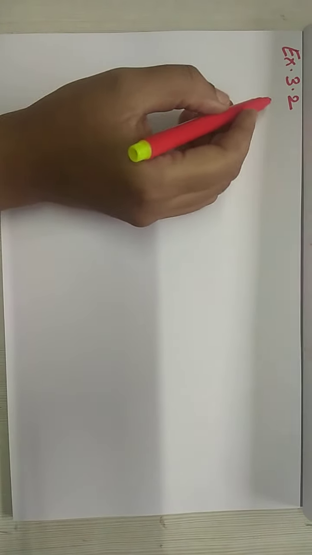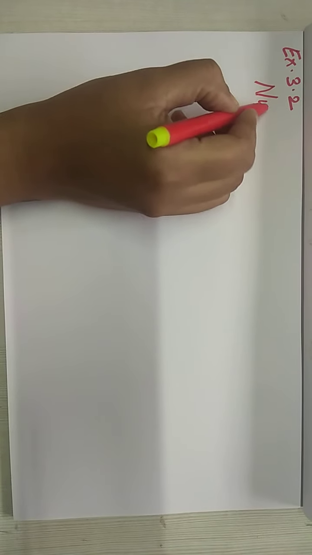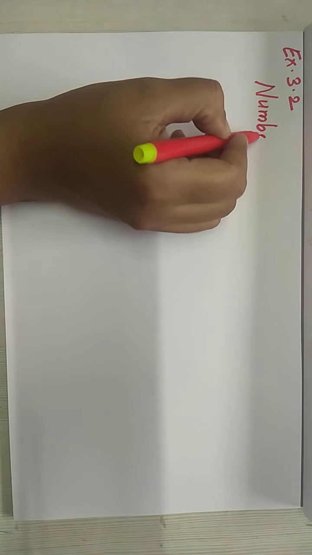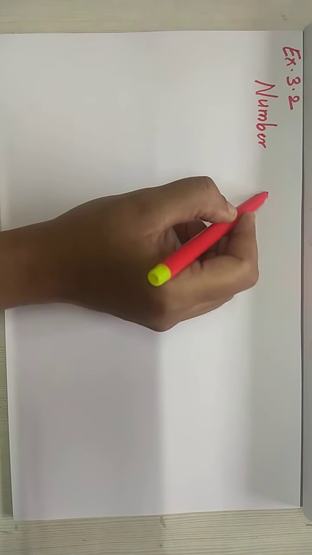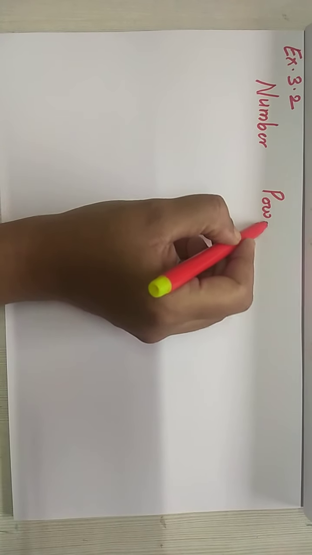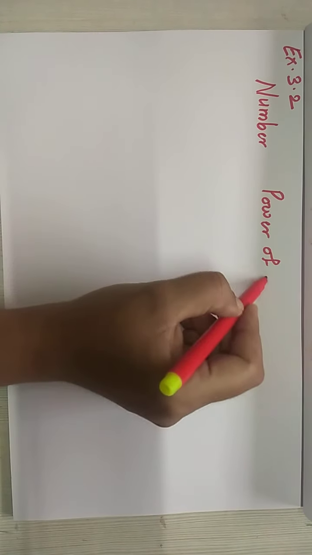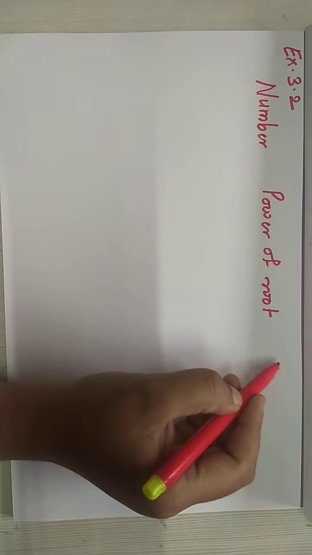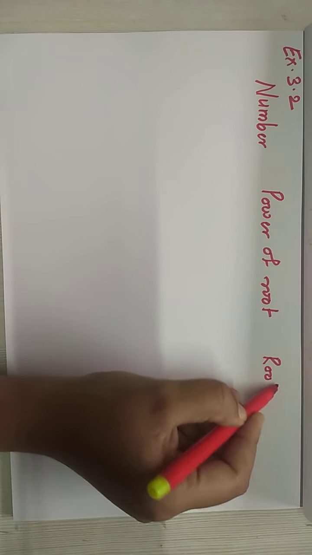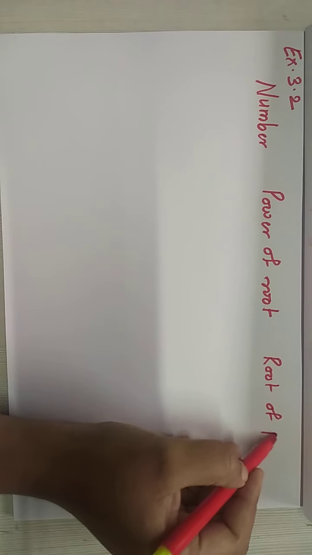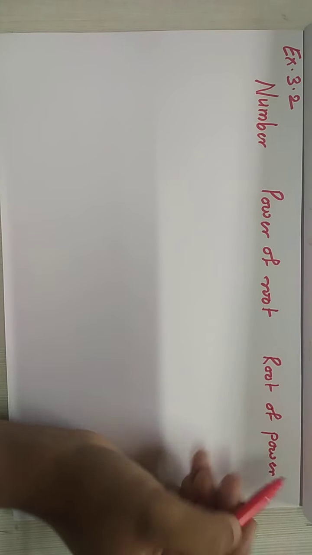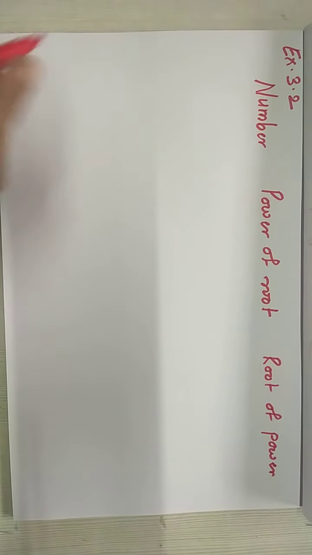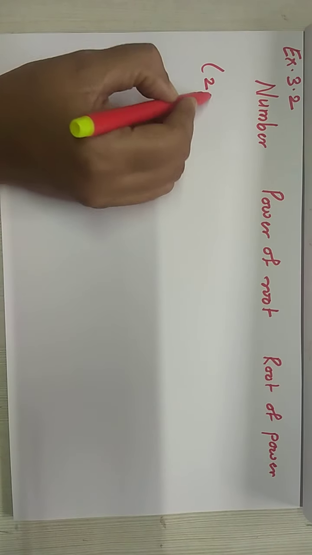In exercise 3.2 they have given you the number and they are telling you to write it in different forms: power of root form, that means power first and root inside, and root of power form, that means root outside and power inside.